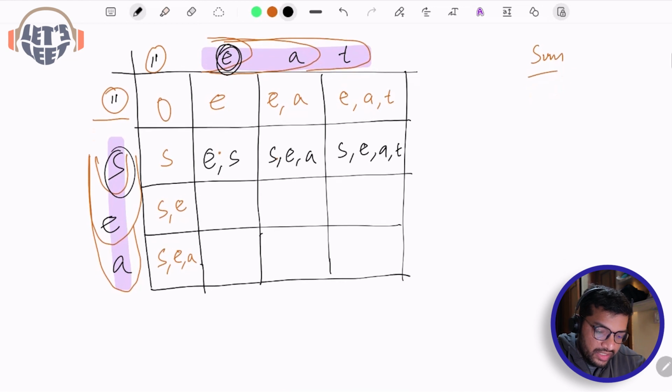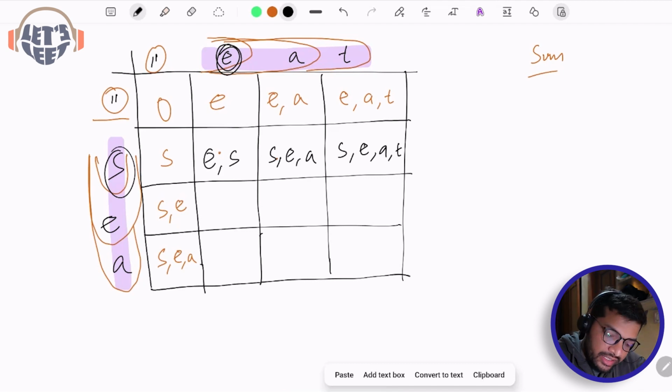Talking about the next cell. Understand one thing. If you see the pattern here, if the adjacent cells are same, here E and S and S and E are same, in that case, the diagonal value will be directly placed here.